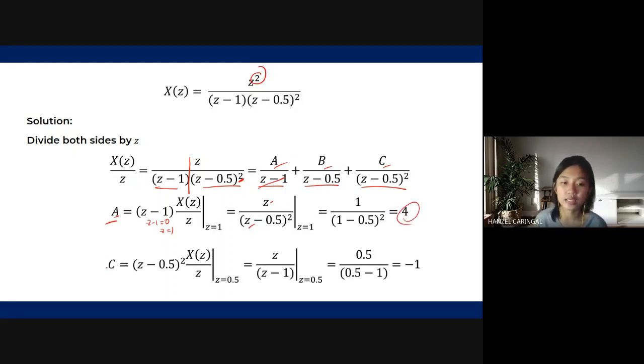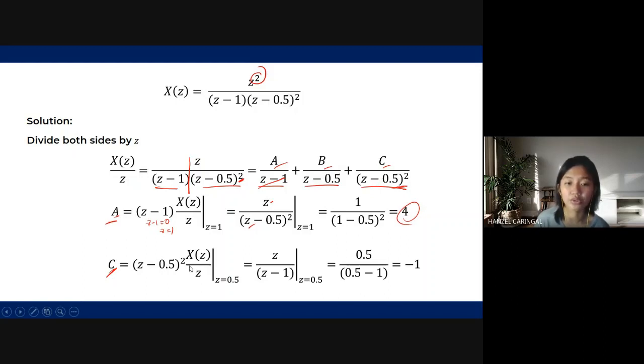For B, since the factor is squared, we will find the value of C first.